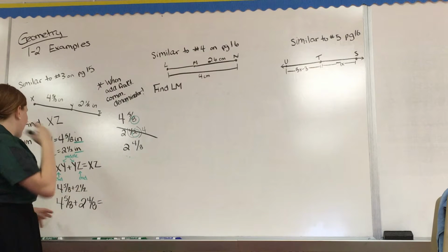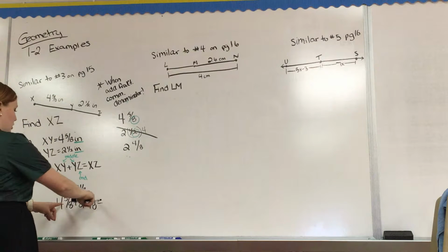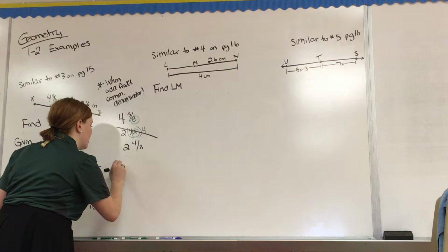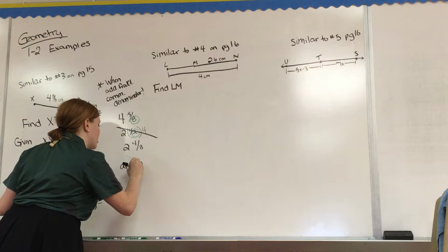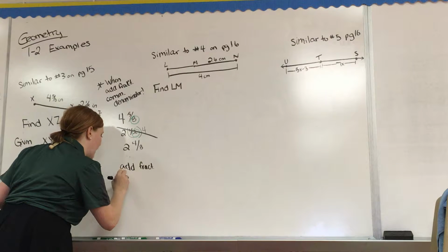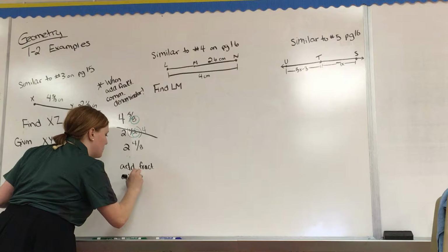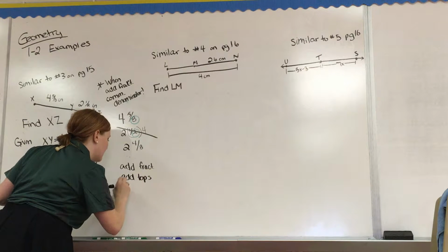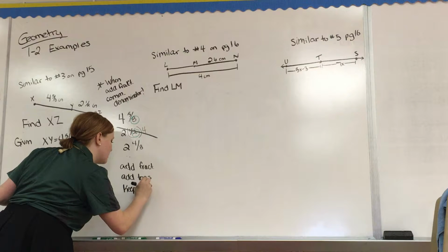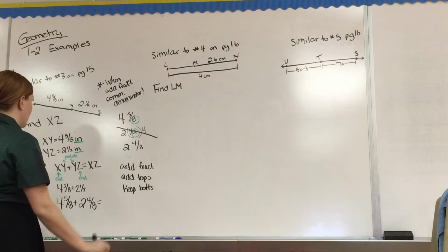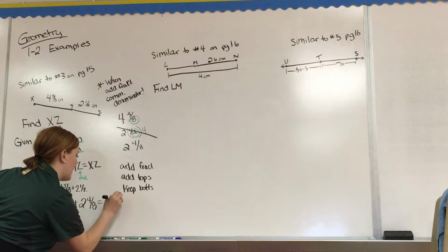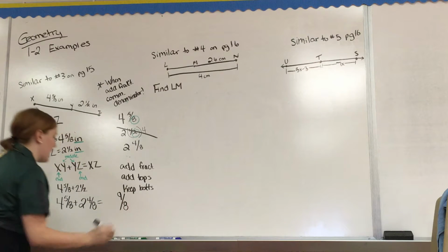When we add fractions, you add the tops and keep the bottoms. Okay, so we add the tops. What do we get? 9. Keep the bottom. We get 8.